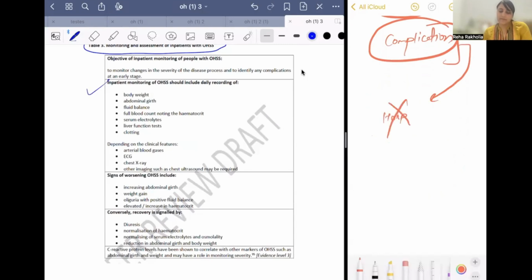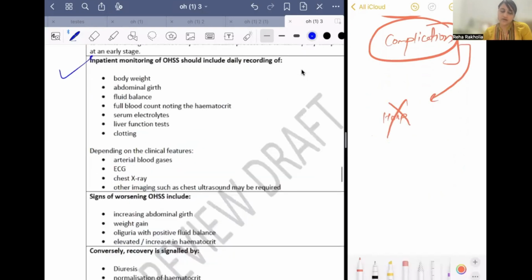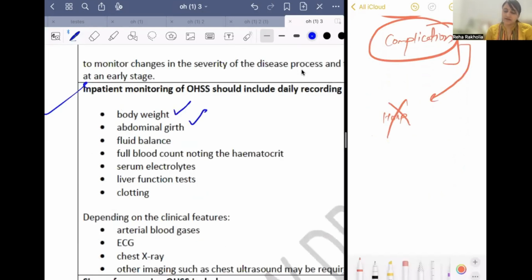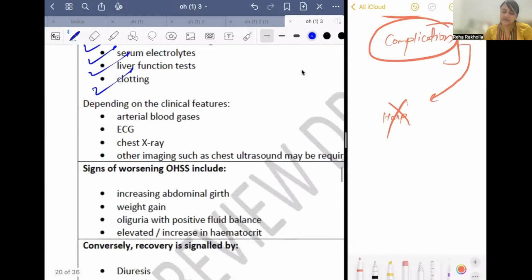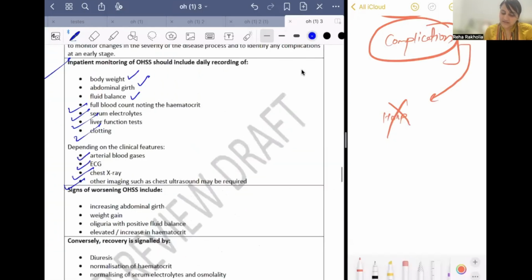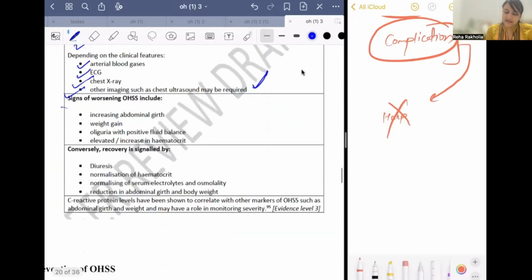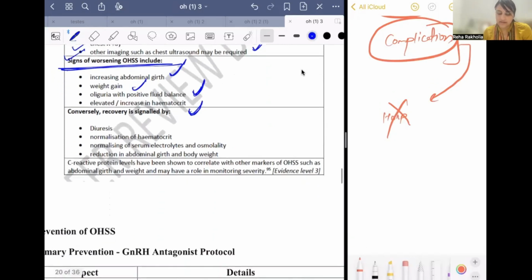So inpatient monitoring of OHSS includes daily recording of body weight, abdominal girth, fluid balance, full blood count, noting the hematocrit, serum electrolytes, liver function test, and clotting. Depending on the clinical features, we can also monitor arterial blood gas, ECG, chest X-ray, and other imaging such as chest ultrasound may be required. Signs of worsening OHSS include increased abdominal girth, weight gain, oliguria with positive fluid balance, and an increase in hematocrit.